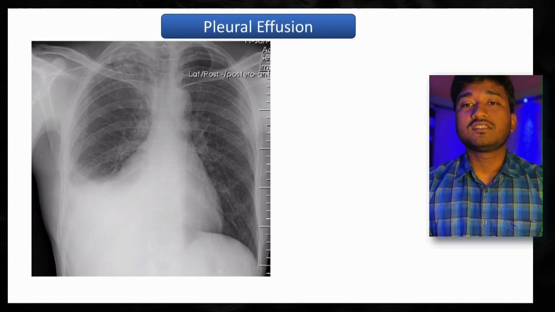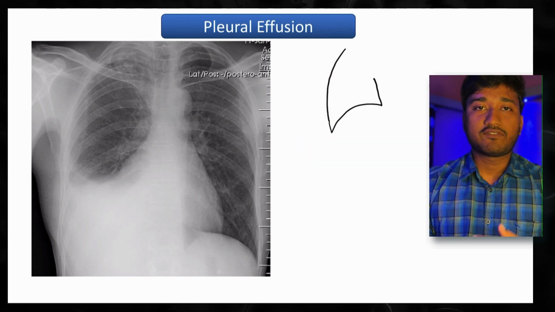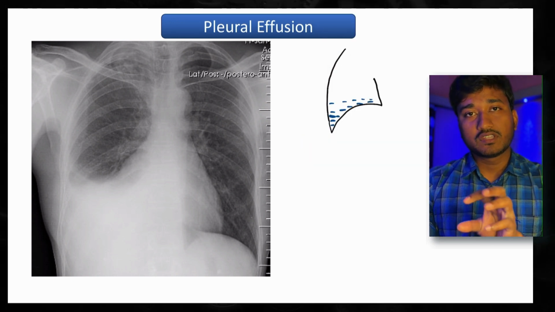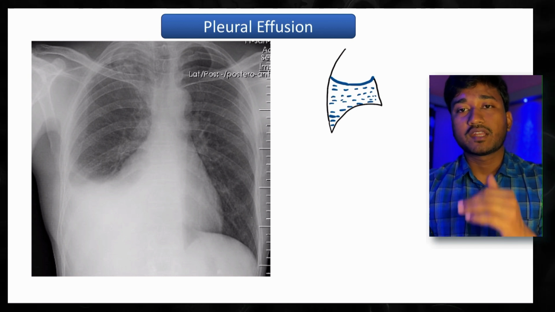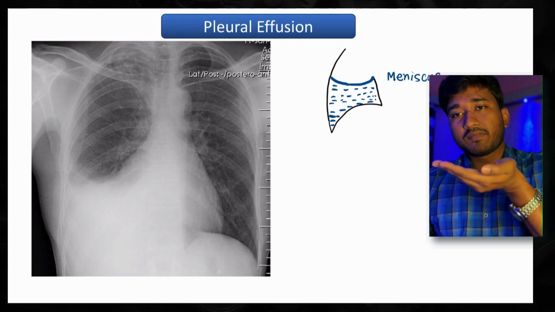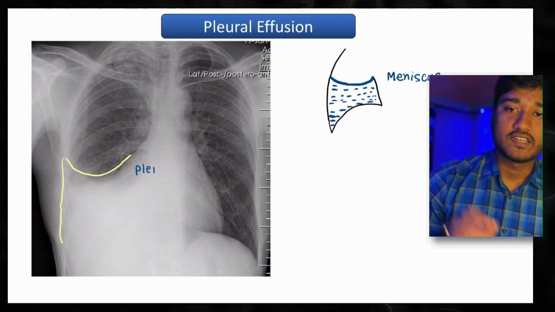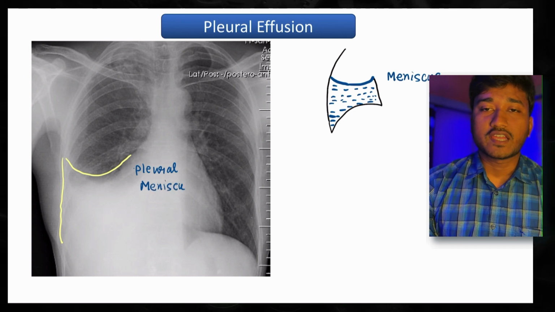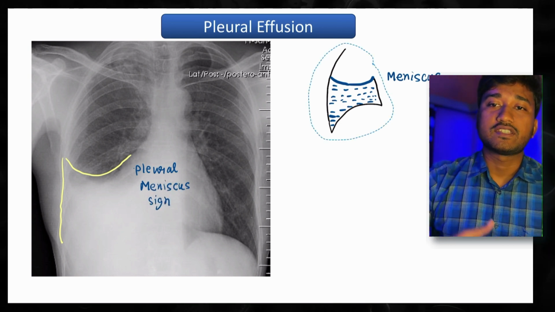What happens if the disease progresses further after obliterating both the angles? The fluid goes up and up and eventually forms a meniscus. You can see it's like a meniscus. This is called the pleural meniscus sign, seen in pleural effusion when the fluid is further increasing.